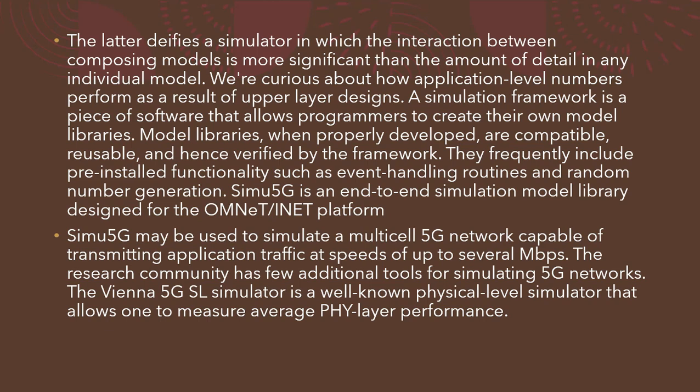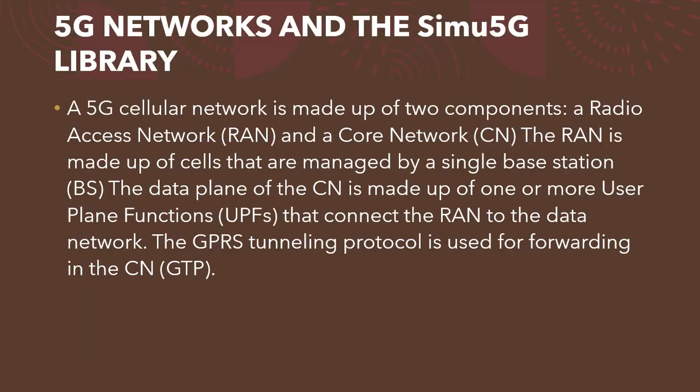The Vienna 5G SL simulator is also a known physical level simulator that allows one to measure average physical layer performances. Now we have the 5G network and the Simu5G library. A 5G cellular network is made up of two components: a RAN, a radio access network, and a core network, CN.